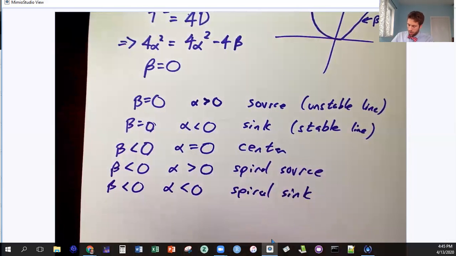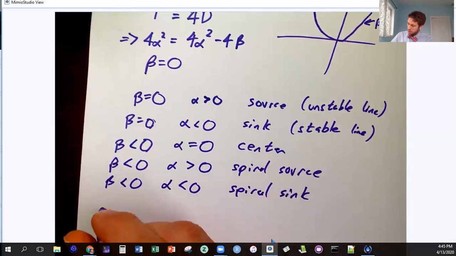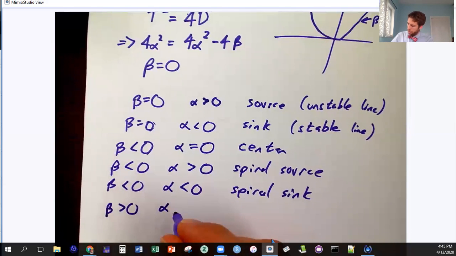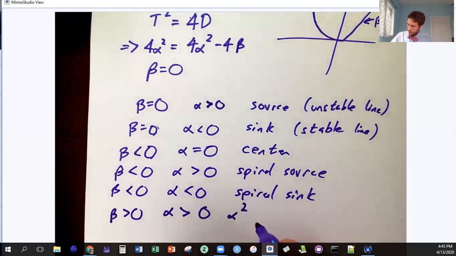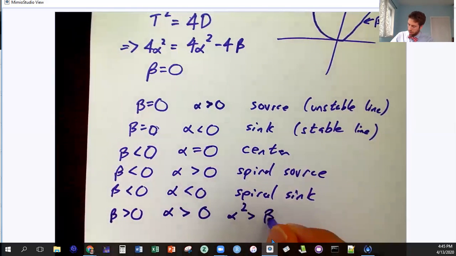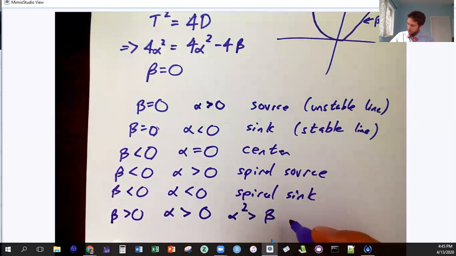And then beta greater than 0 and alpha greater than 0 and alpha squared greater than beta gave us a nodal source.